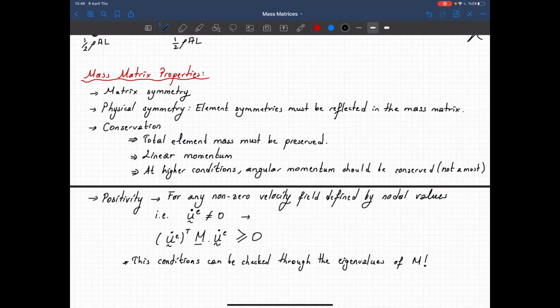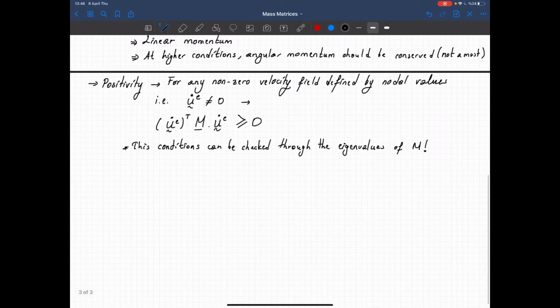So having discussed that, now let's take a look at the consistent mass matrix of a beam element.